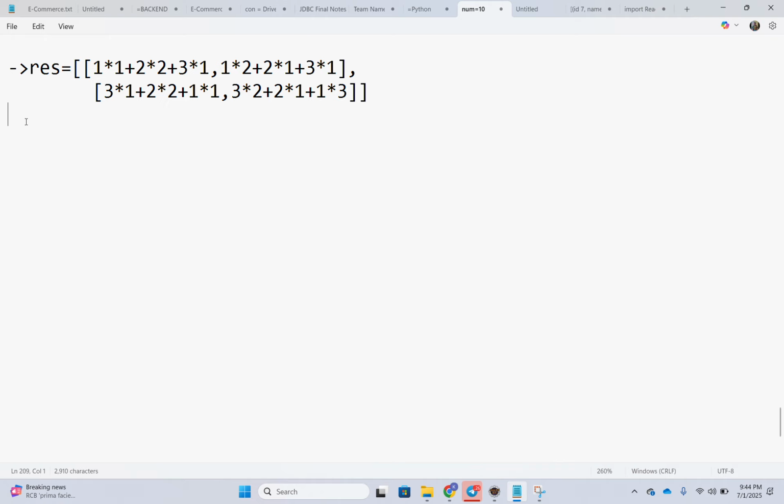Okay. So Python code for matrix multiplication. I'm going to discuss in an easier way.